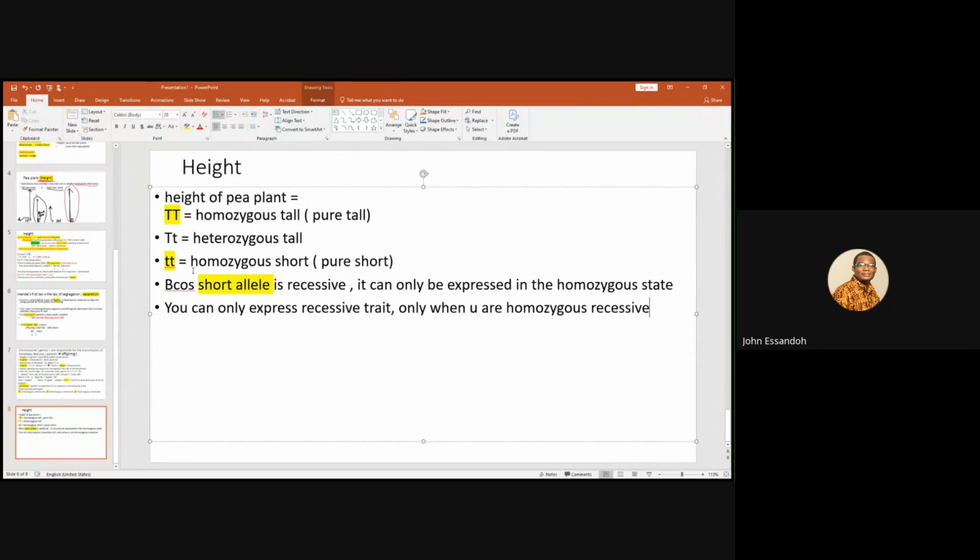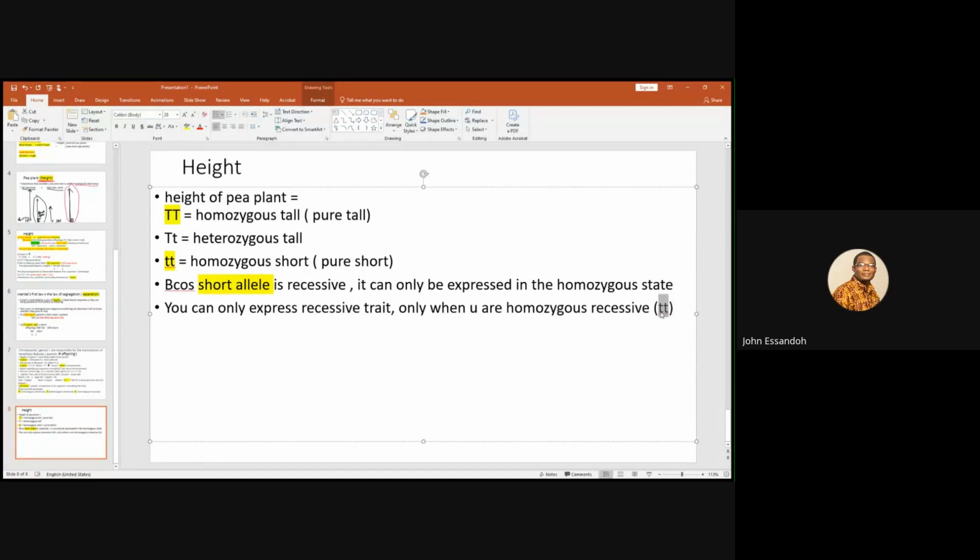So the only way you can be short is when you have small t, small t, because one capital T alone will still make you tall.